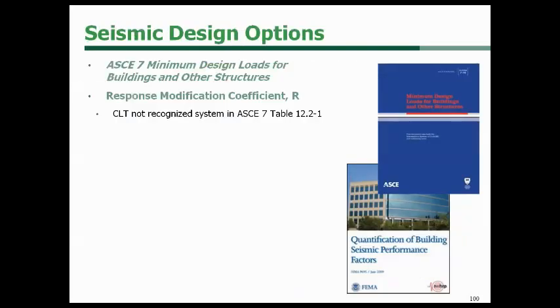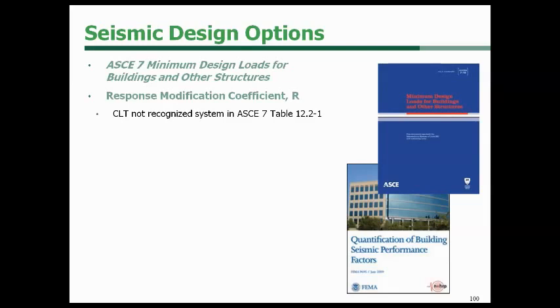One other issue that has been coming up with CLT that we have been working on trying to solve is the seismic design issue. So ASCE 7, we all know and love it, does not have CLT in Table 12.2.1 for a response modification coefficient.